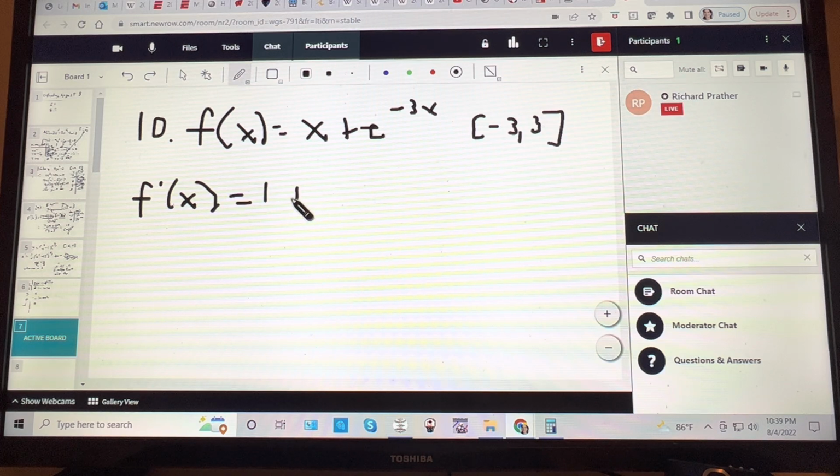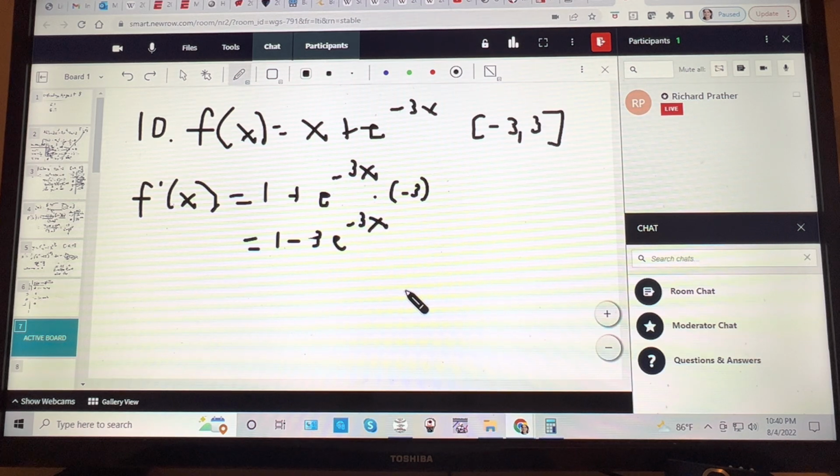The derivative of an exponential is itself at first, times ln of the base, but ln of e is 1, and then times the derivative of the exponent, which would be -3. So I'll get 1 minus 3e to the -3x.